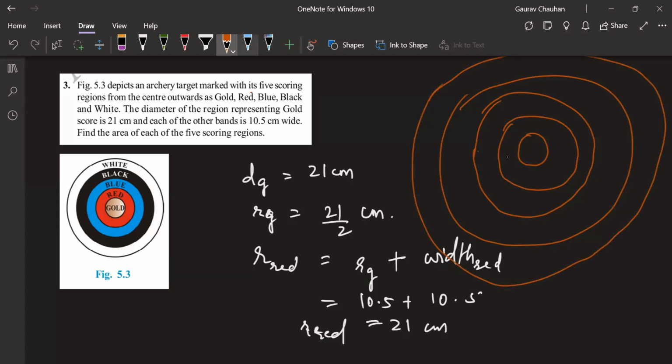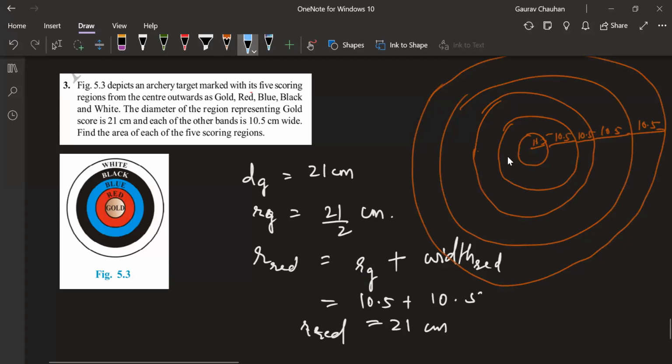Now you see this, guys. This already we know is 10.5, because its diameter was 21. We got 10.5 from that. Now from this 10.5, this much is again 10.5. This much is again 10.5. This much is again 10.5. Are you understanding this?